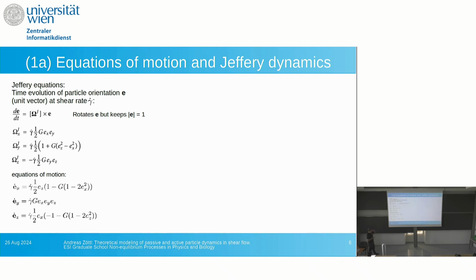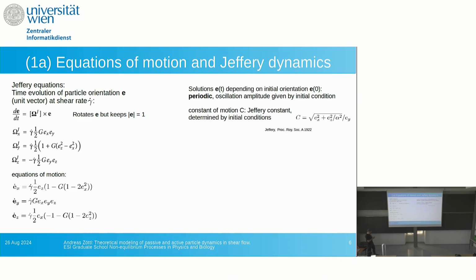But actually these equations you can even solve analytically. And this was also done by Jeffery. He didn't write it down in this kind of form, it was a bit more old school, but essentially what he showed is that when you solve these equations, depending on the initial orientation E0, you always get periodic motion, where the oscillation amplitude is given by the initial condition.